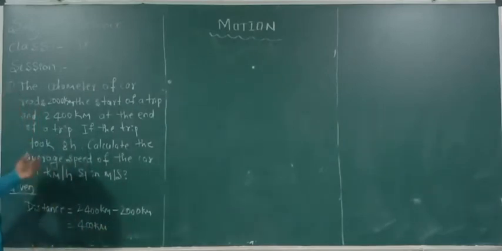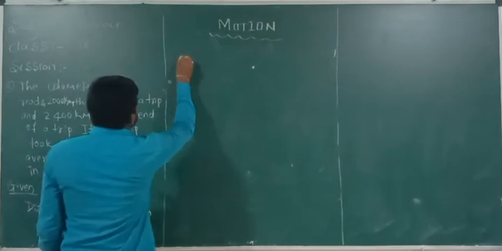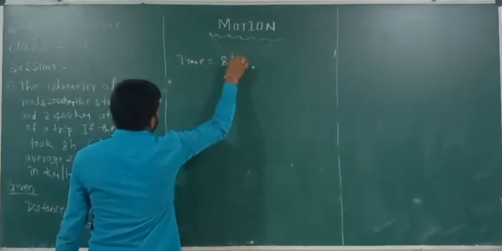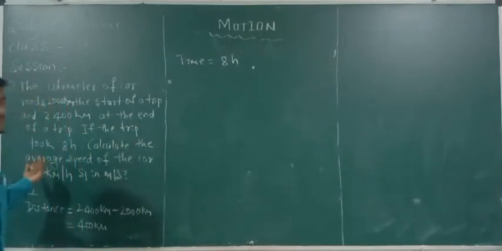Then the car covers 400 km and it took a time of 8 hours, that is time t is equal to 8 hours. Then they ask for the average speed of the car.